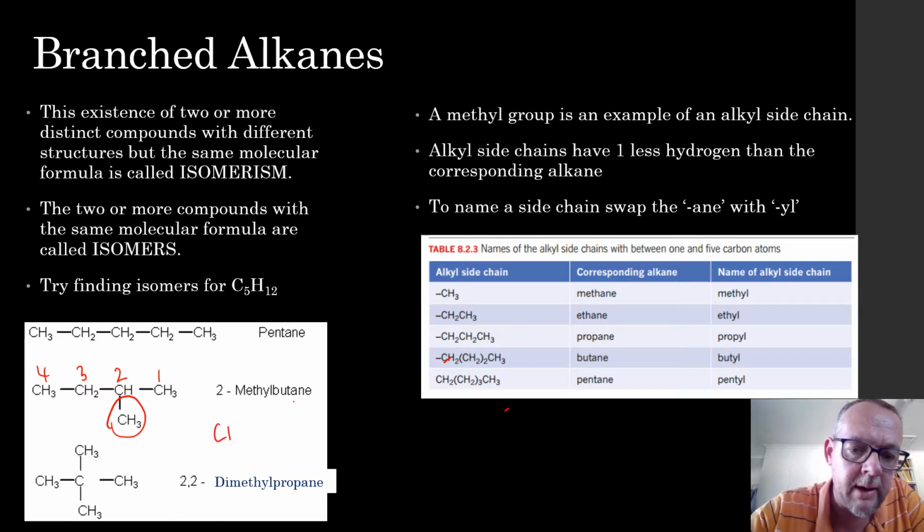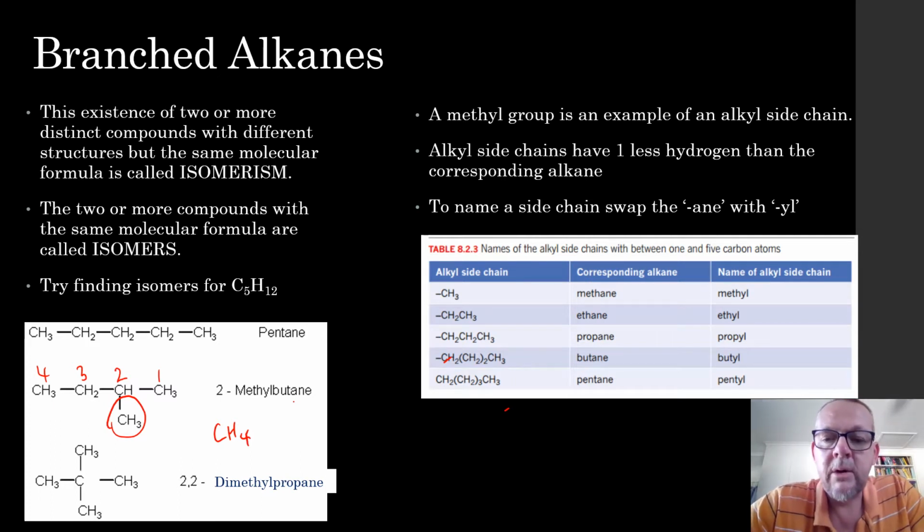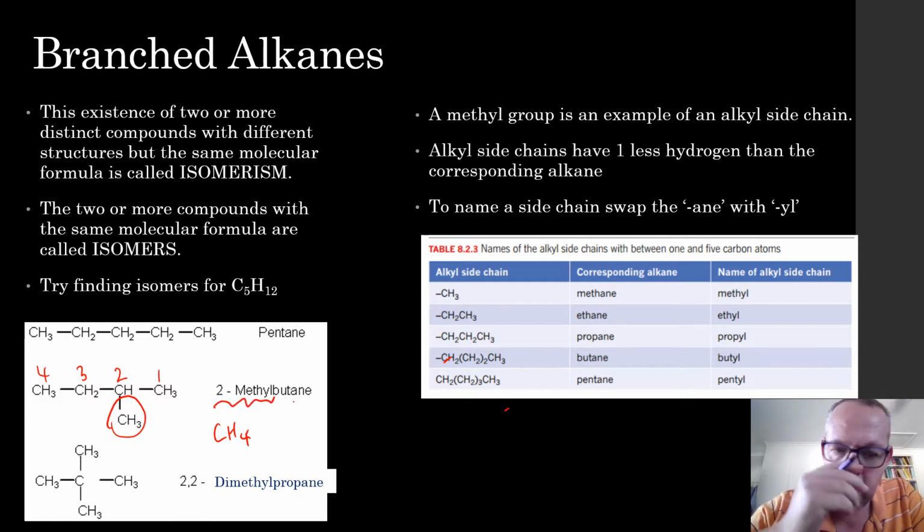It's close to methane, CH4, but it's a CH3, so instead of methane, we're going to call it methyl. So a methyl group is an example of an alkyl side chain. Now, alkyl side chains have 1 less hydrogen than the corresponding alkane. So to name the side chain, you just swap the ane with the yl. So in this case, we've got a 2-methylbutane, because the methyl group is on the 2nd carbon in the butane.